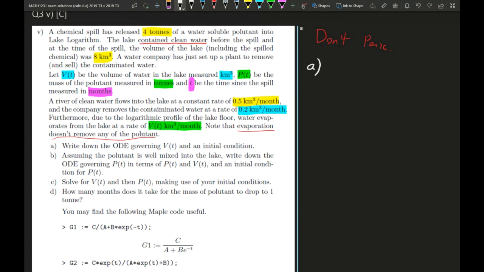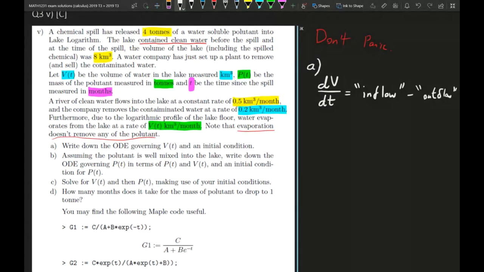So for part A, it just says write down the ordinary differential equation governing the volume of water and also with an initial condition. So you have the rate of change of volume with time. Now you've probably seen in lectures they've said it's the size of the inflow minus the size of the outflow.